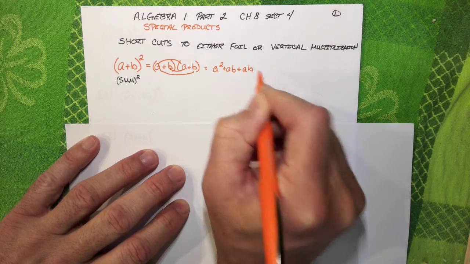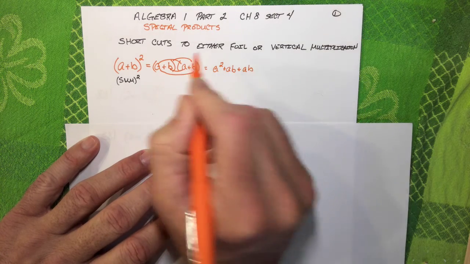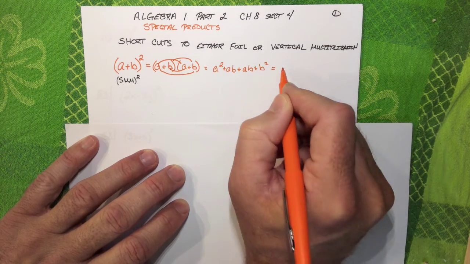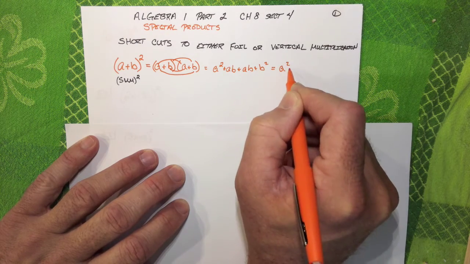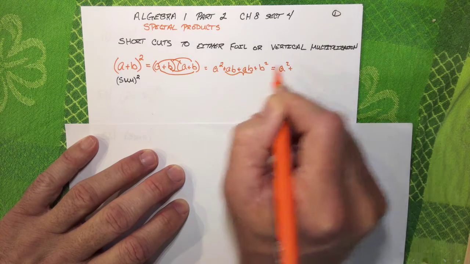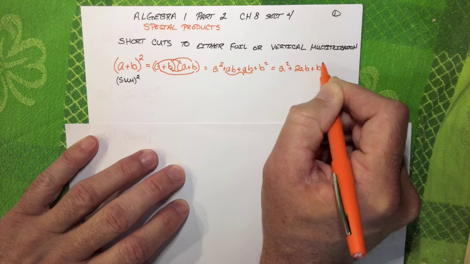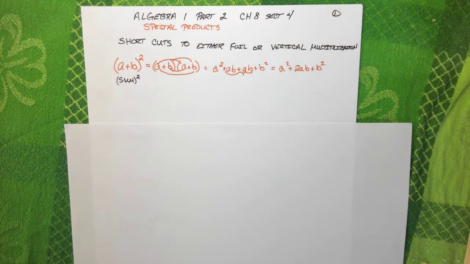I know I did my inners and outers in the wrong order, sorry. What's that give us? A squared, 2ab, plus b squared. Here's the shortcut I'm telling you.